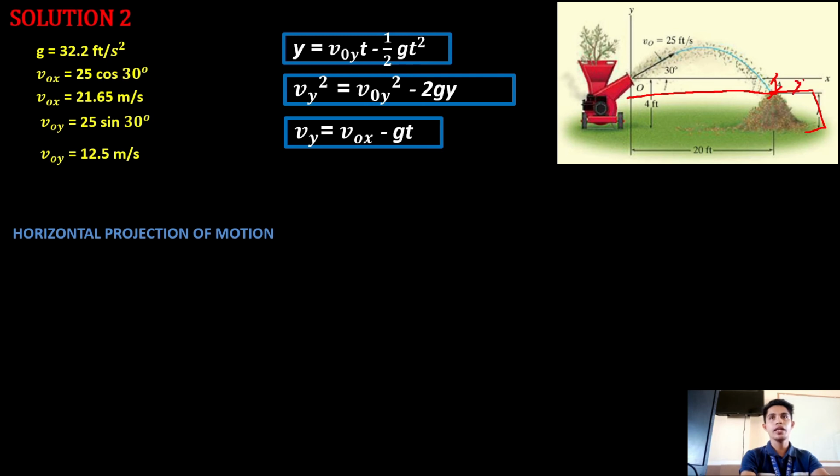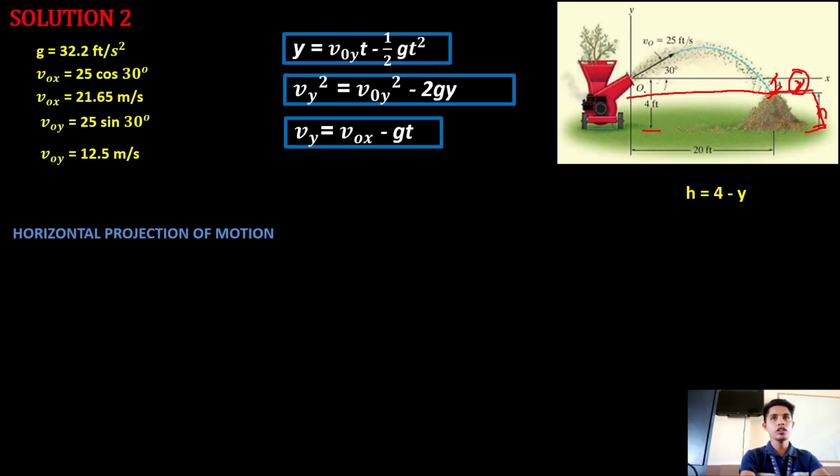Ibig sabihin, h plus y is equals to 4. Given niyo yung height daw nito hanggang sa ground is 4 feet. Ibig sabihin, h is equals to 4 minus y. Yung 4, bawasan natin nung makumpit natin na y. That will be the final answer, h. So, kumpitin muna natin yung y.